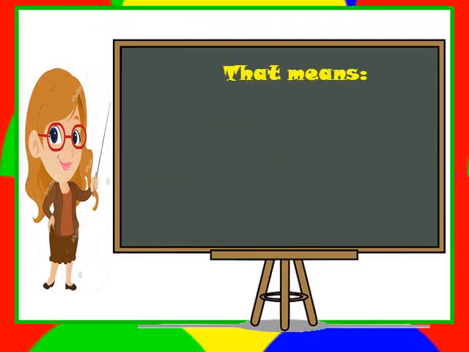That means I am, you are, he is, she is, it is, we are, you are, they are, plus verb plus ing. For example, I am playing, you are studying, he is swimming, she is singing.